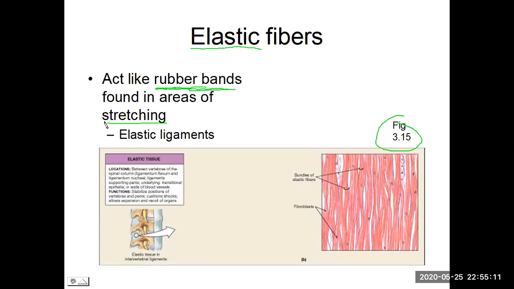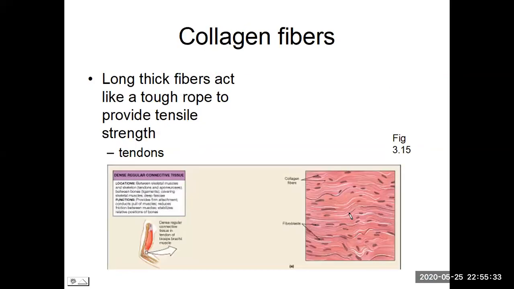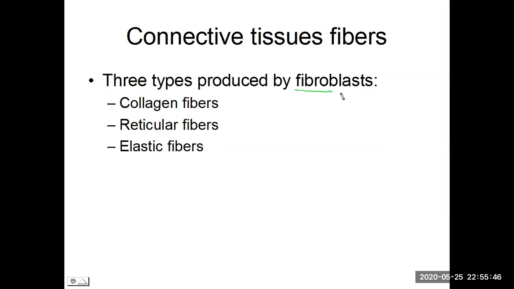And with the high level of elasticity, it then rebounds back to shape. So with these three types, elastic fibers allow for the tissues to be distorted and stretched, reticular fibers, that branching latticework, make the shape of the organ, and then there's simply the strength of collagen. But all three types of connective tissue fibers are made by the same cells, and the cells that produce fibers are fibroblasts.